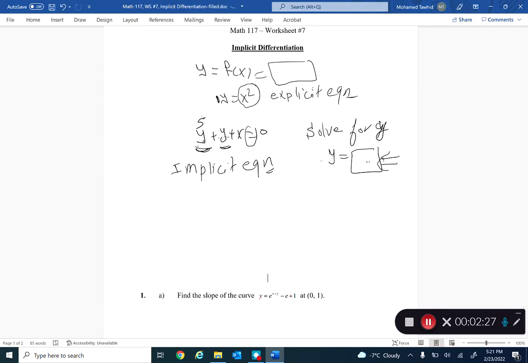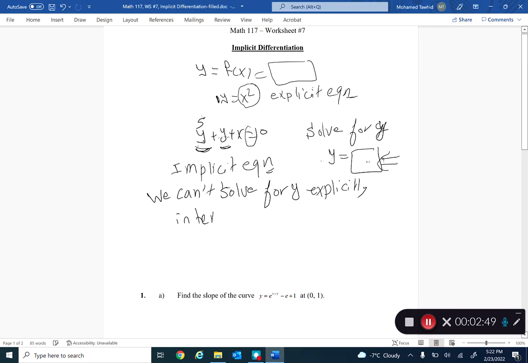So let me write it here: we cannot solve this equation for y explicitly. Explicitly means you are able to take y on one side and, in terms of x, the other side must be only in x.